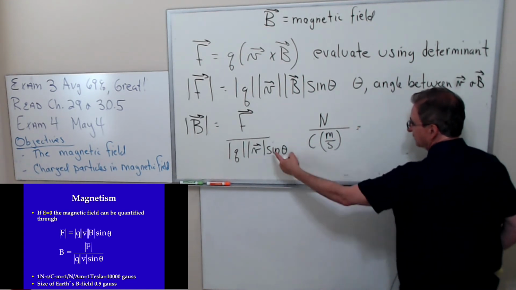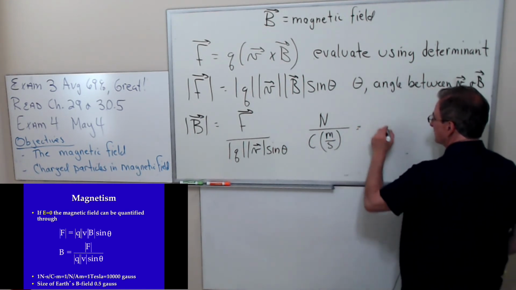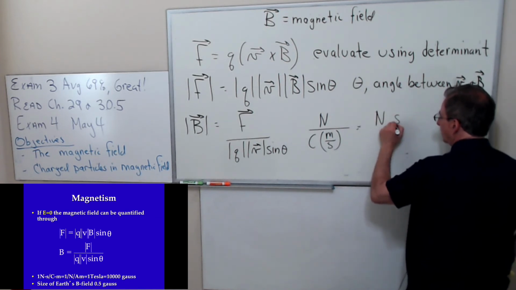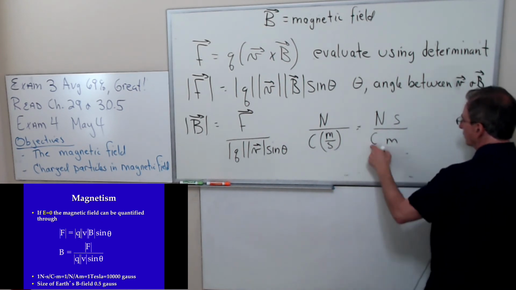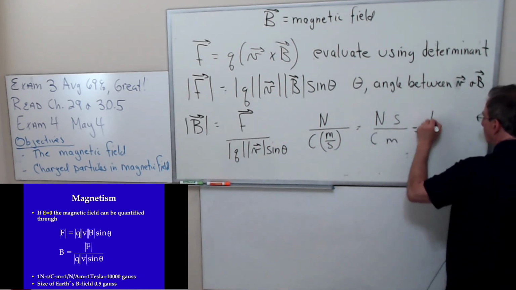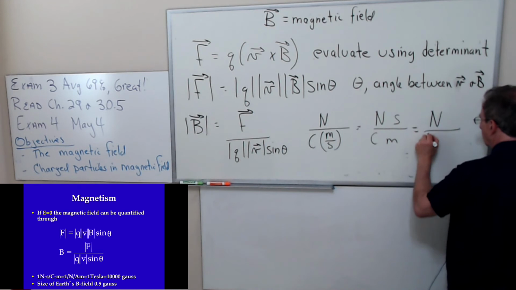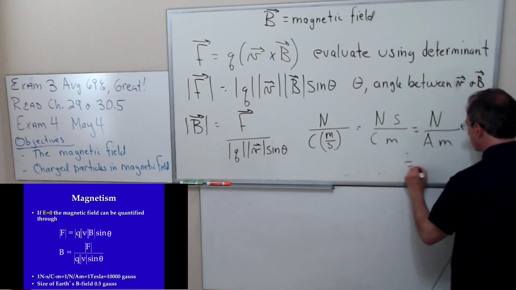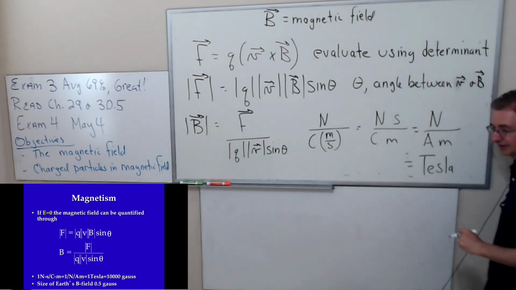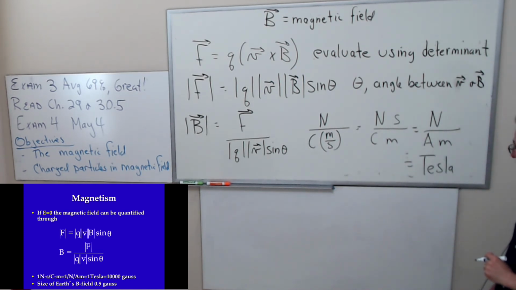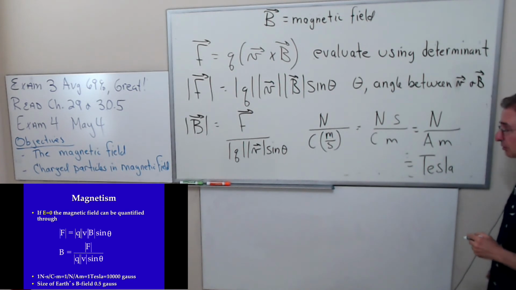Of course, sine theta doesn't have any units. So this is going to be a Newton times a second over a Coulomb meter. But a Coulomb per second is an amp. This is also known as a Tesla, like the car. So that's the unit of the magnetic field, Newton per amp meter.